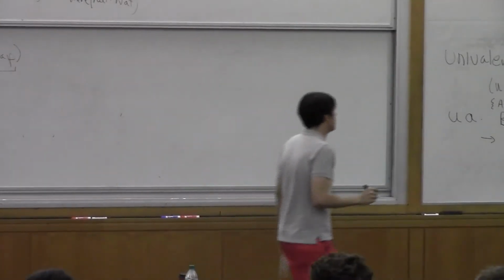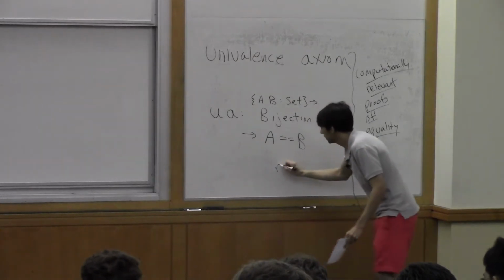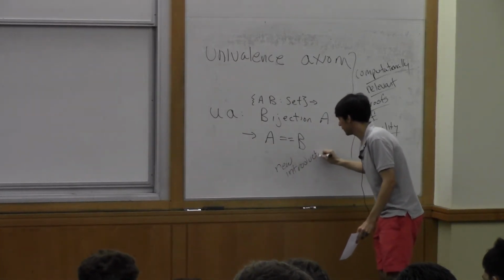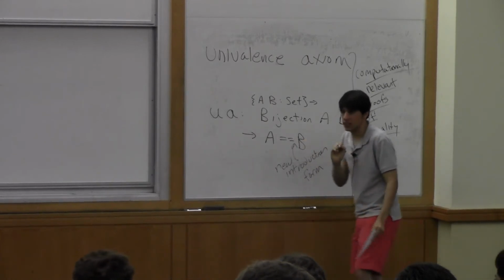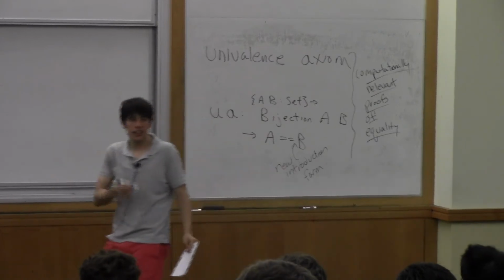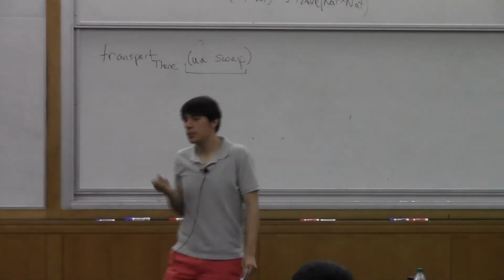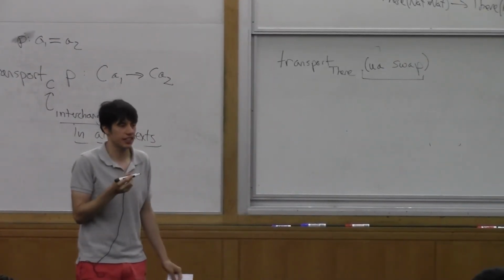So you can think of univalence as adding a new introduction form for equality. And what I'm going to try to suggest to you is a little bit of why it makes sense to add new introduction forms for equality, right?